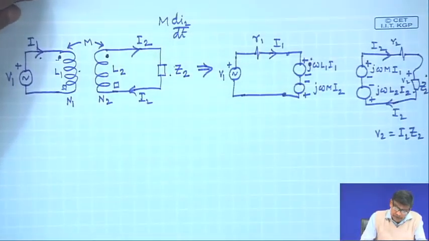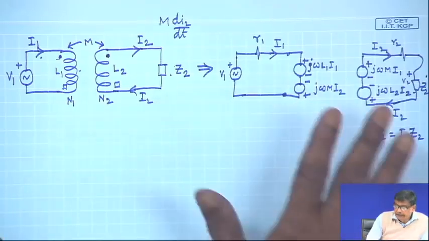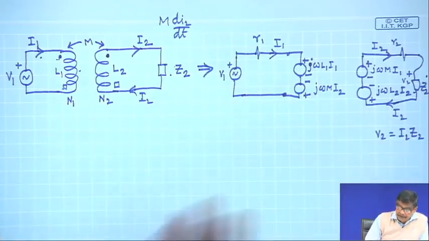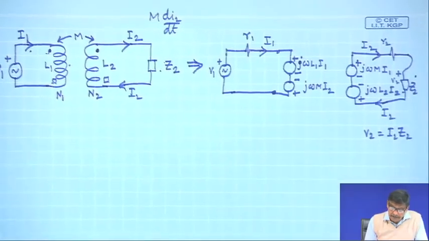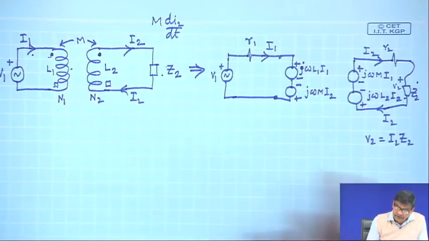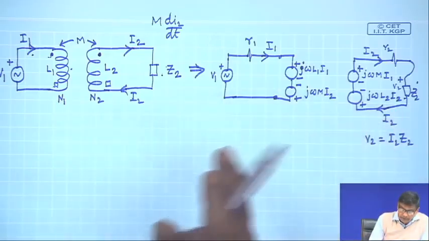So, when both the coils are carrying current, this is the scenario. Now, what I will do is simply write down the KVL equations in both the loops.